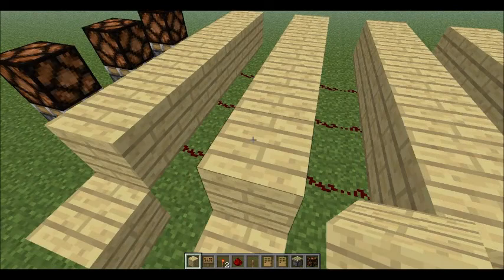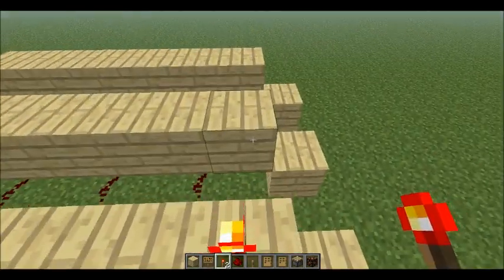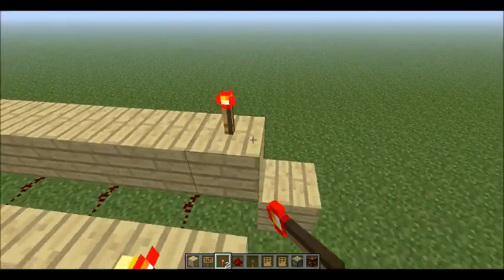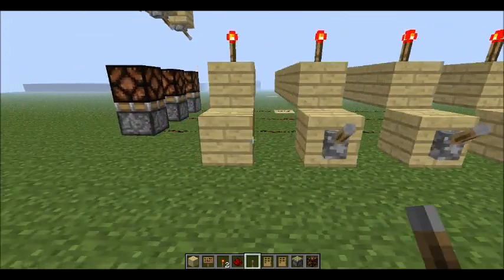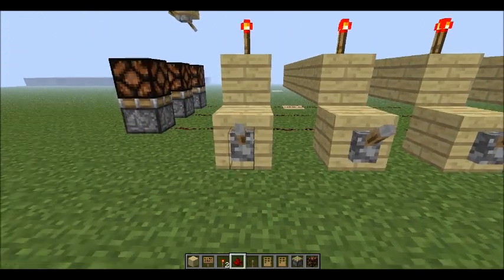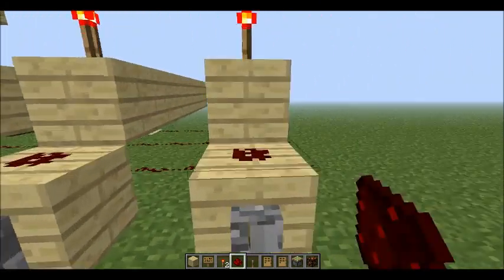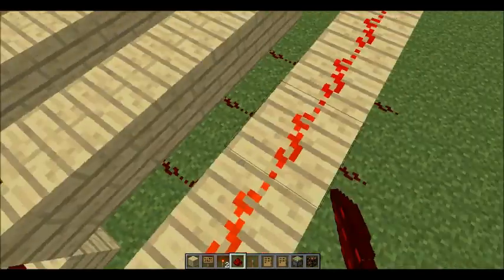So we've got 4, and that's a good start, so that's how you do it. Fail. So this is 4, this is 3, this is 2, that's 1. Then we place some dust, and then we place some more dust. You just want to cover all of these.